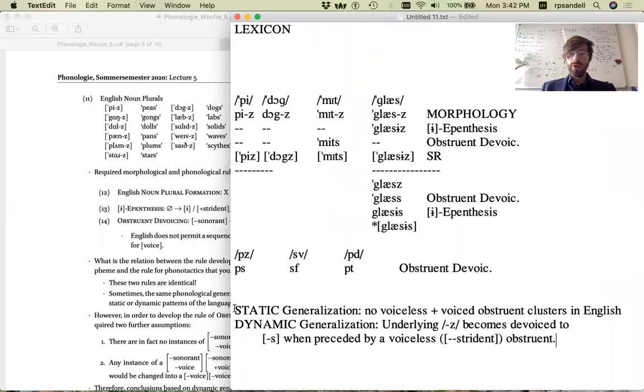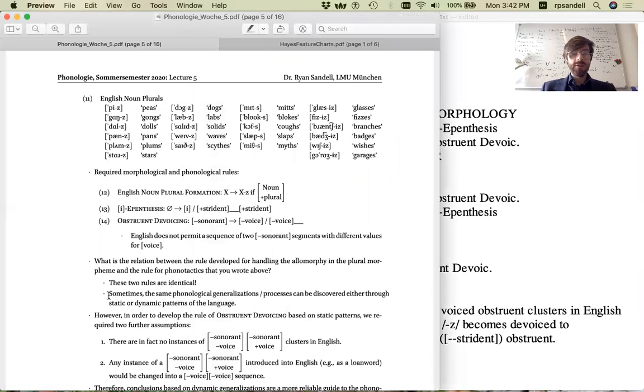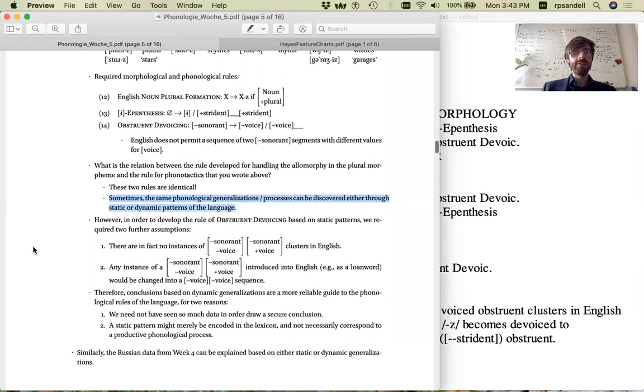So what this shows us is that we can look for the same phenomenon in two different ways in a language. Sometimes the same phonological generalizations, the same phonological processes, can be discovered either through static or dynamic patterns in the language.